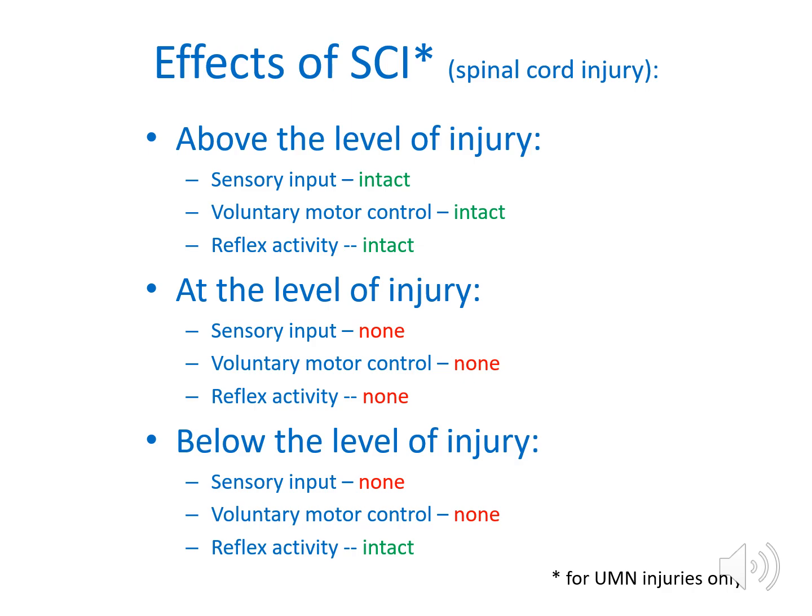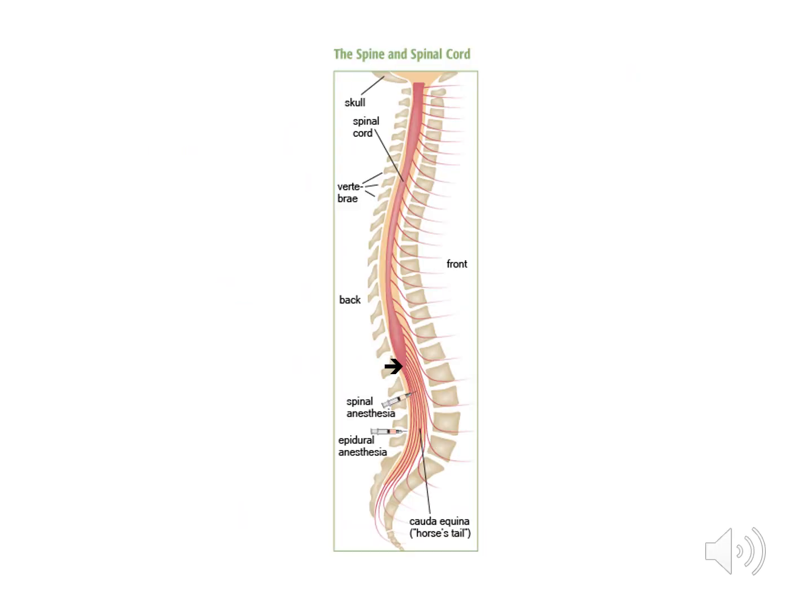Now, sometimes we divide spinal cord injuries into what we call upper motor neuron and lower motor neuron injuries. If we damage anywhere on the spinal cord, we consider that an upper motor neuron injury, because you remember from our little diagram that there are upper motor neurons that start in the brain and come down to each spinal cord segment, right?